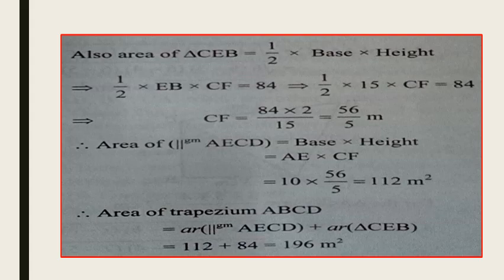That is equal to 10 into 56 by 5, which is equal to 112 meters square. Now we can find the area of the trapezium ABCD, that is area of the parallelogram plus area of triangle CEB, that is 112 plus 84 is equal to 196 meters square. So 196 meters square is the area of the given trapezium.